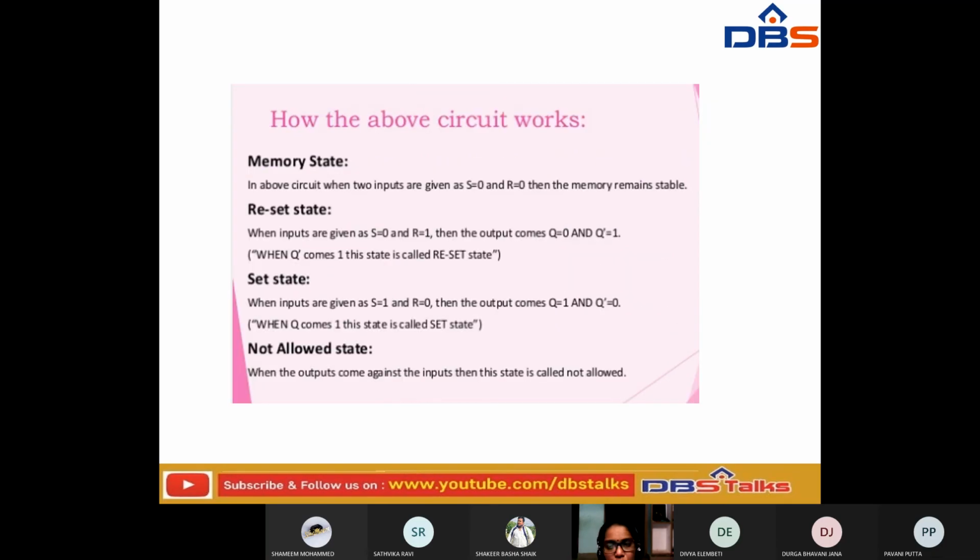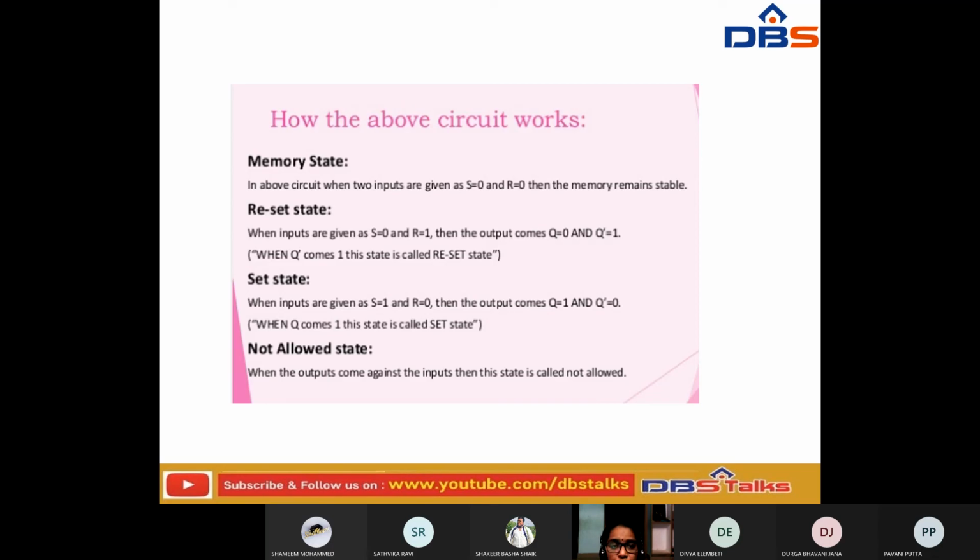Now let us see how this circuit works. If you observe the circuit in the previous slide, when both inputs are given as 0, the memory will remain stable. When S is equal to 0 and R is equal to 1, the value of Q is 0 and Q dash is 1.